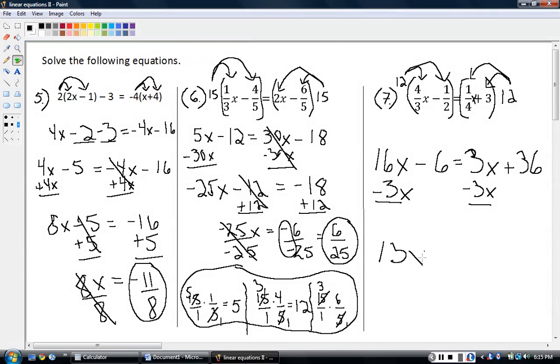13x minus 6 equals 36. And then I will add 6 to both sides. I get 13x, that's gone, equals 42, and I divide by 13.